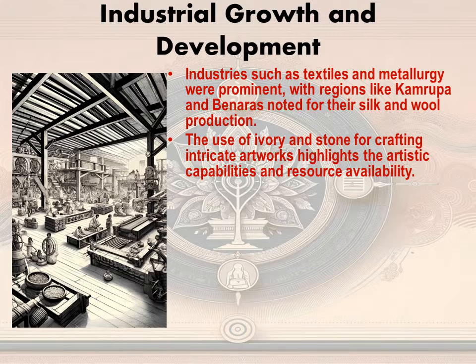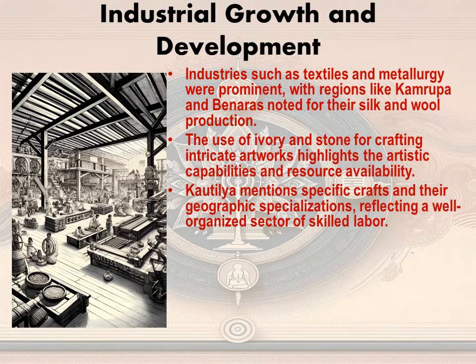The use of ivory and stone for crafting intricate artworks highlights the artistic capabilities and resource availability. So we see Mauryans encouraging the use of ivory, that is elephant's teeth, and stone, for crafting different kinds of intricate sculptures, and thus highlighting the artistic capabilities of the Mauryan people.